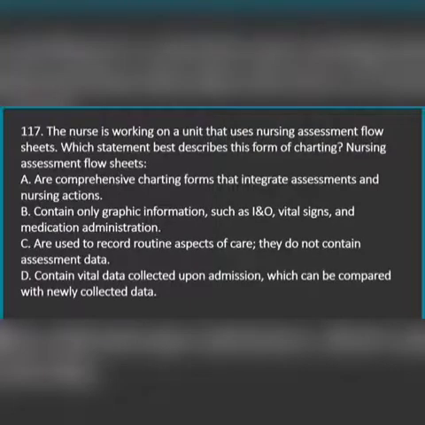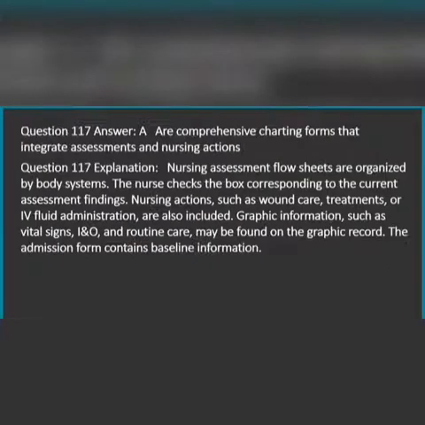C. Are used to record routine aspects of care, they do not contain assessment data. D. Contain vital data collected upon admission, which can be compared with newly collected data. Question 117 Answer: Are comprehensive charting forms that integrate assessments and nursing actions.